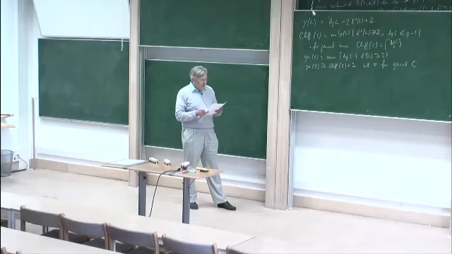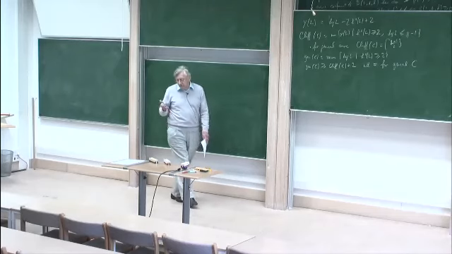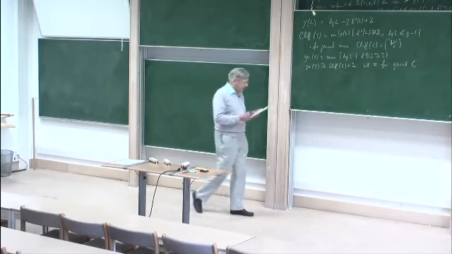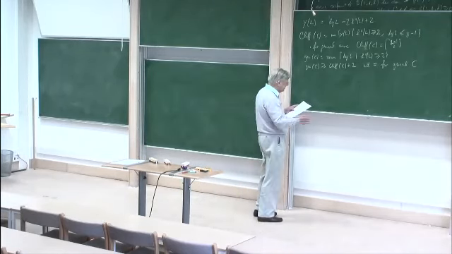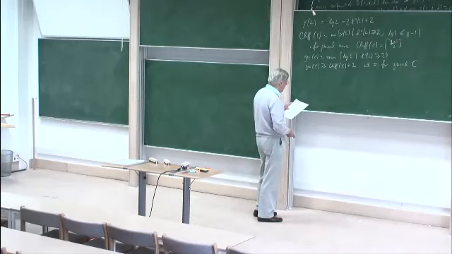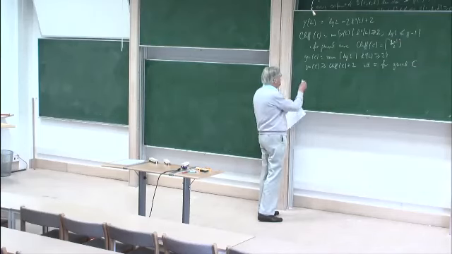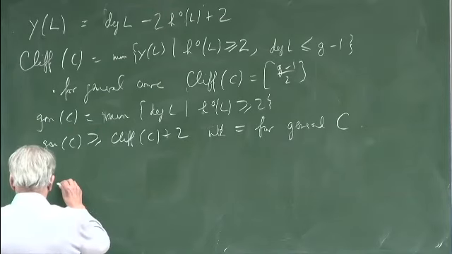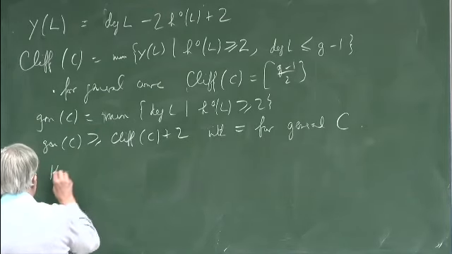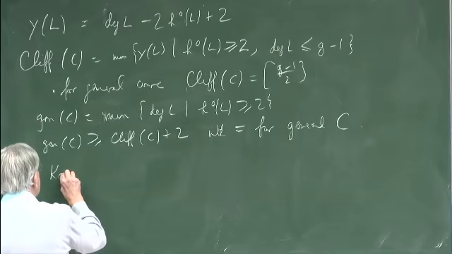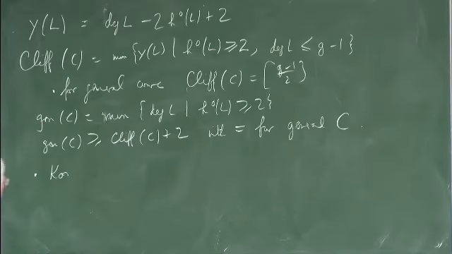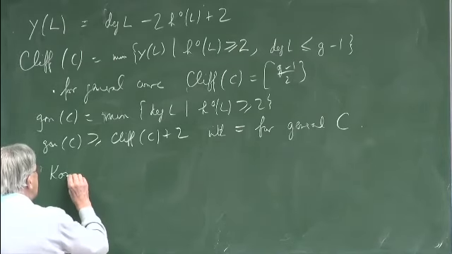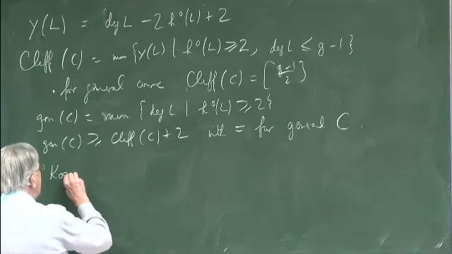Okay, so I want to make some other remarks, very briefly. The first point is that things to do with this are closely related to syzygies, and in particular there are relationships with Koszul cohomology.